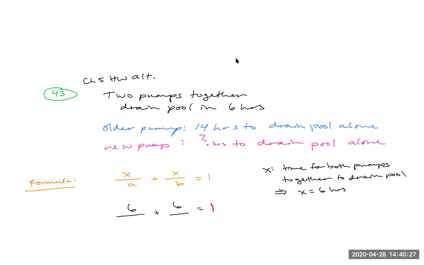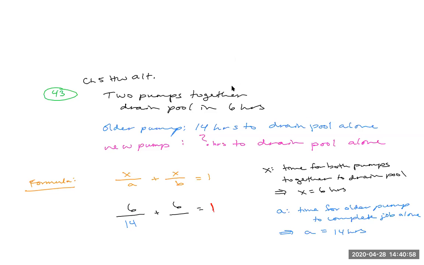And then remember A was the time for one of the objects to complete one job alone. So that could be the older pump. So A is 14 hours. So we're gonna put 14 in the A spot.